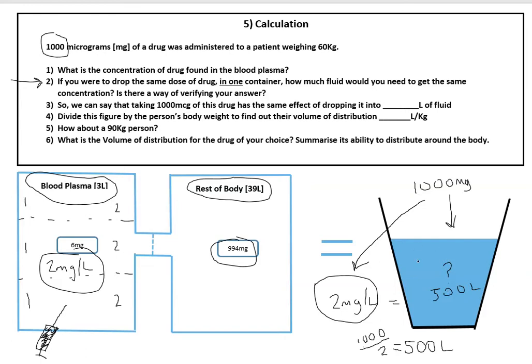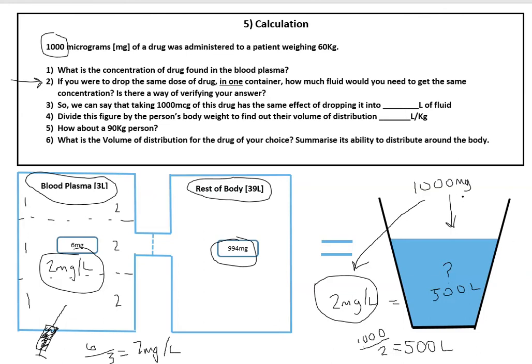So there is a way to check whether that figure is correct. If we had 500 litres in here, how did we work out the same over here? We had 6 milligrams of drug divided by 3 litres, which gave us 2 milligrams per litre.